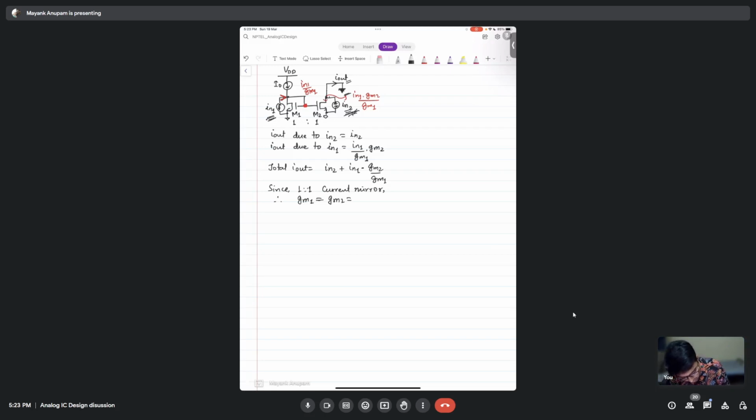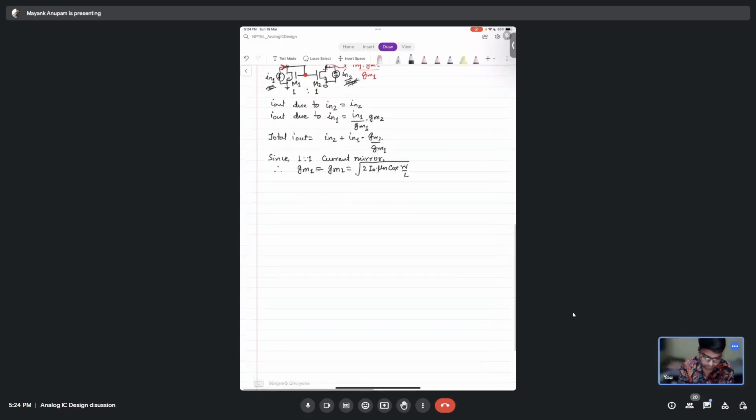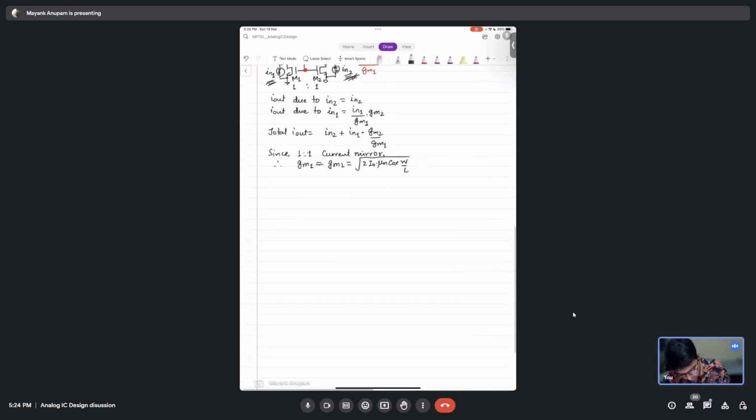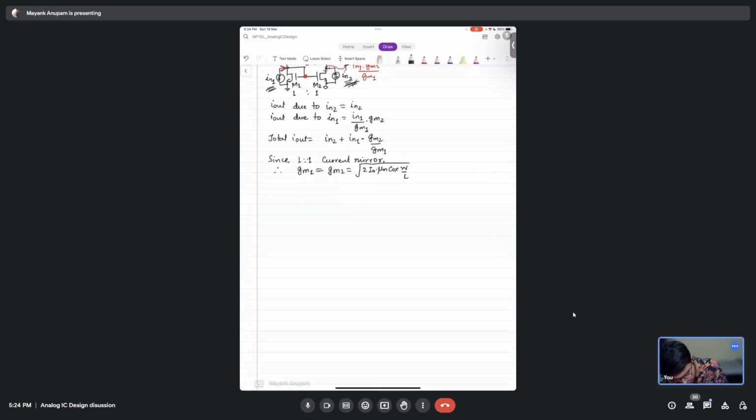It is the square root of 2 mu Cox W by L times I naught, correct? This is gm1 and gm2. That is why we have total I out equal to IN1 plus IN2, correct?